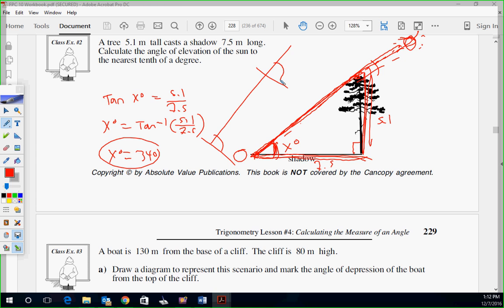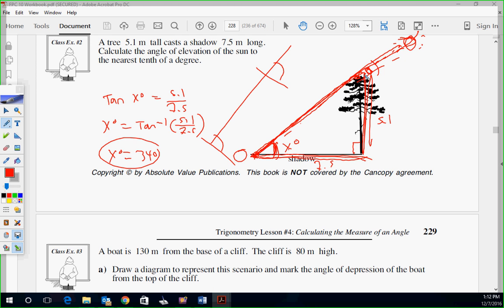So the angle up to the sun from the point on the ground where the shadow ends is the same as the angle from the tree, so it doesn't matter what they're asking. They weren't very specific. They just want to know the angle of elevation to the sun. That angle kind of tells you the position of the sun. Long story short. Okay, so Maddie, what else looks confusing?